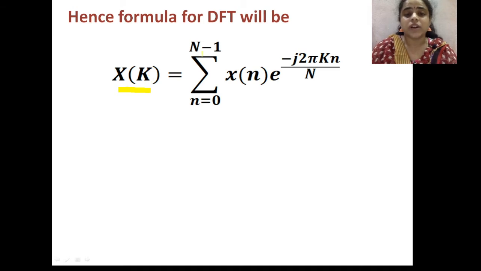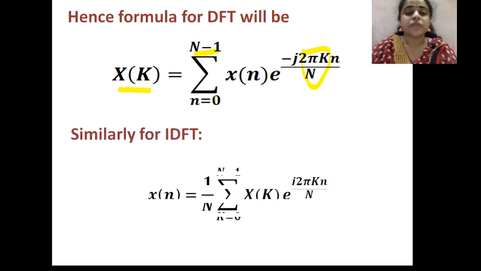X of k is equal to the summation, n equal to 0 to capital N minus 1, instead of minus infinity to infinity, of x of n into e power minus j 2 pi k n by capital N. We had e power minus j omega n, but omega is replaced by 2 pi k by N. That is why the formula of the DFT is this: X of k is equal to the summation, n equal to 0 to N minus 1, of x of n into e power minus j 2 pi k n by capital N. This is the formula for the DFT.